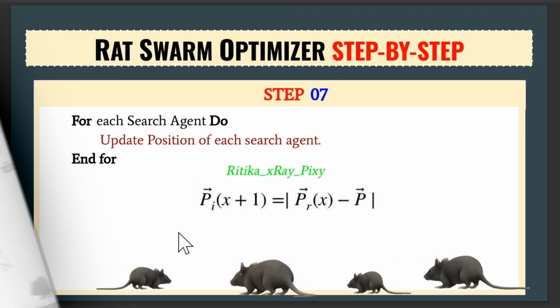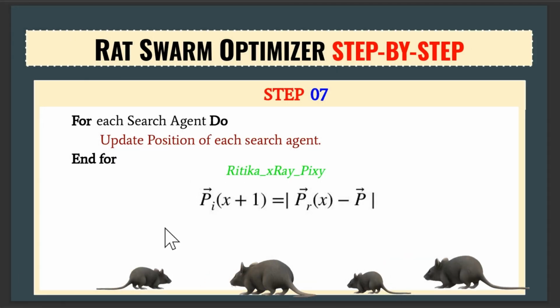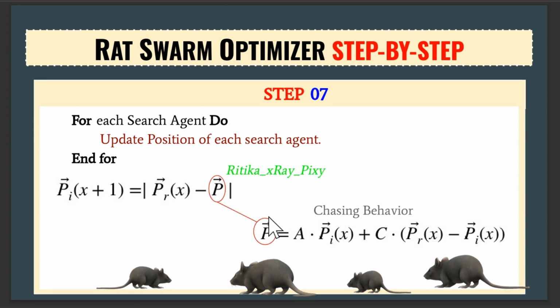So in the next step, for each search agent, we will update their position in the search space using this equation. Now you can see here we have this equation that we will use to update their position in the search space. Inside this equation, both behaviors are designed. For example, this is the equation that we can use to perform the rats' chasing behavior in this virtual environment.